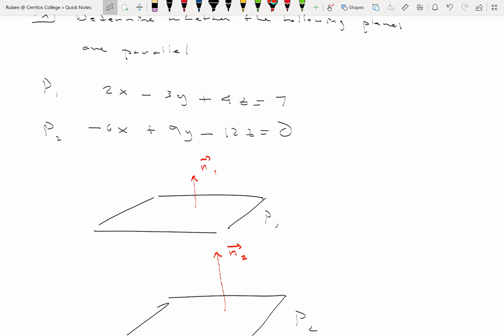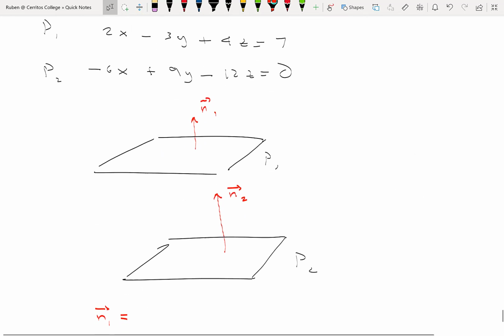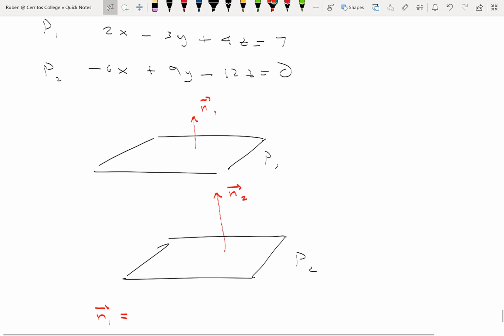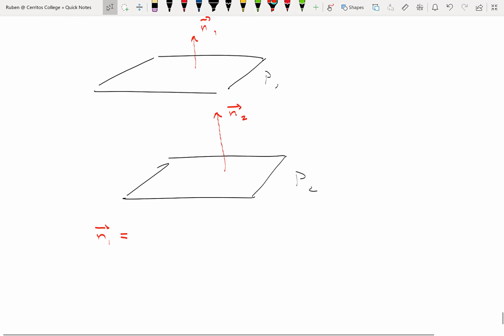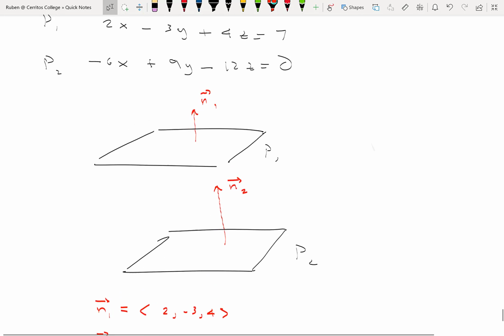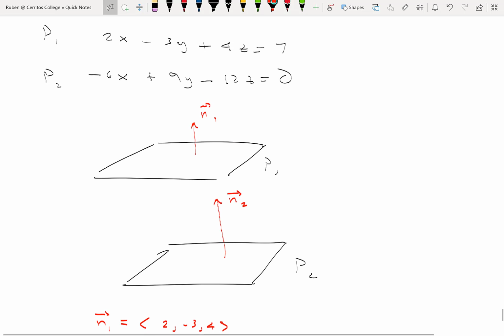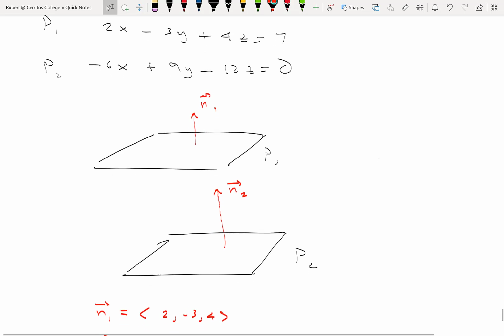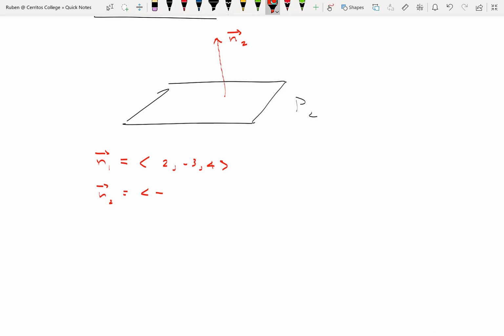So the components of n1 for plane 1 would be 2, negative 3, and 4 respectively. The components for the second normal, just pick off the coefficients of x, y, and z, are negative 6, 9, and negative 12.